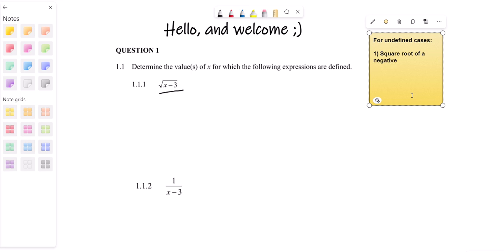Number 2, what else? What are you thinking? Okay, number 2, division by 0. These are our undefined cases.